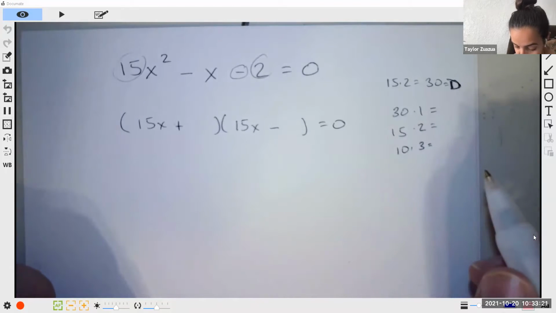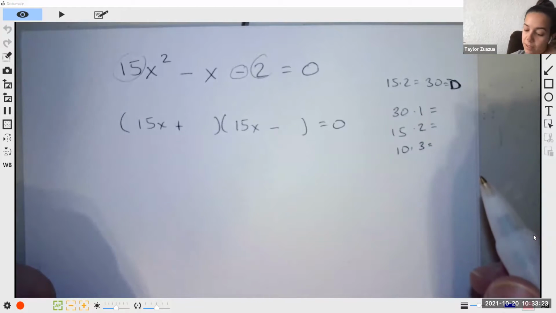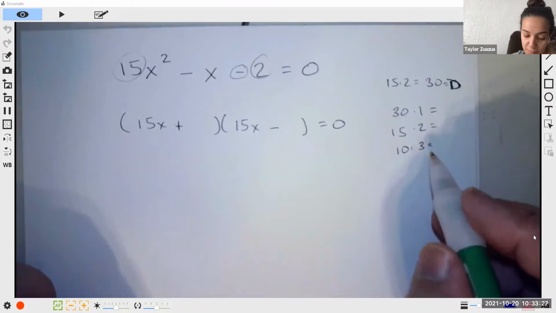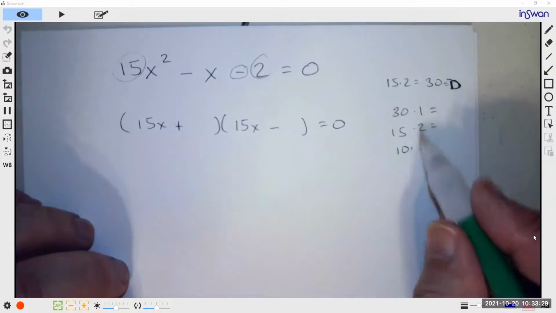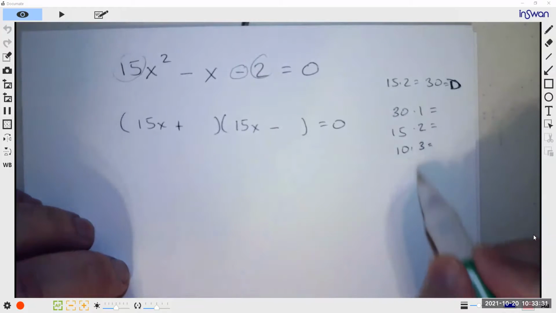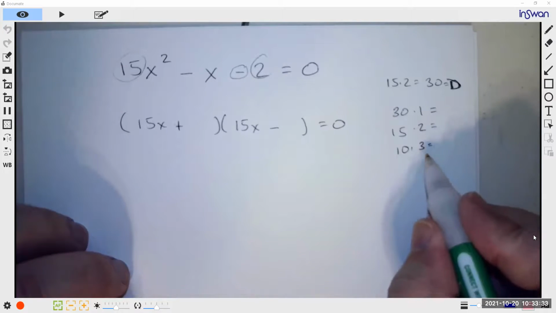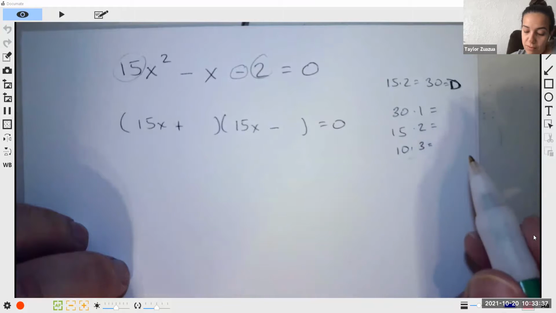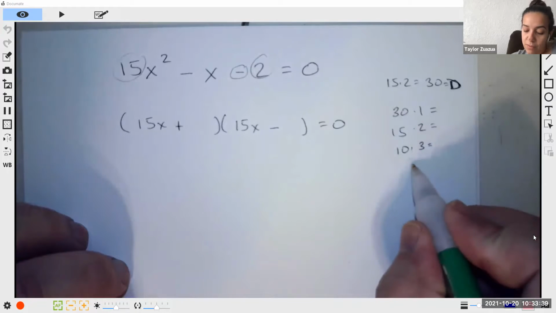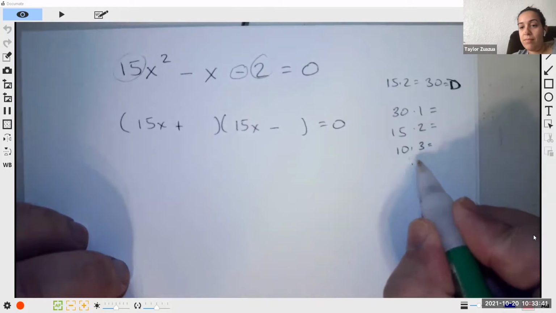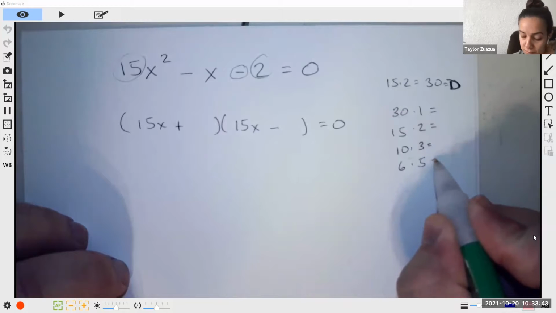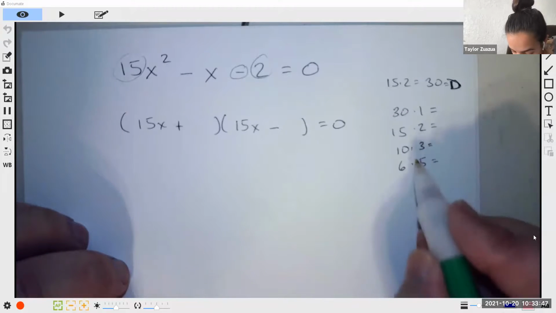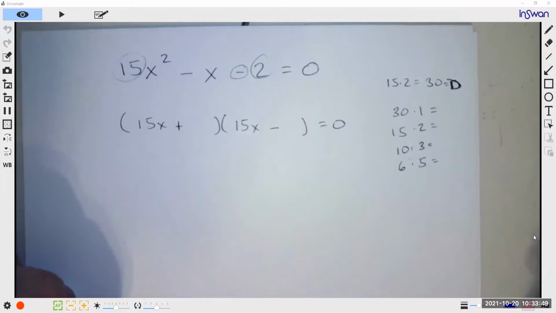We're not done yet, there's still more. 4 doesn't go into 30. It's 6 times 5, equals 30. That's as many as we have.